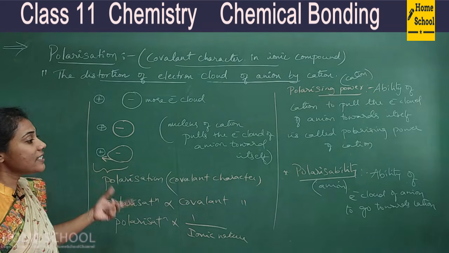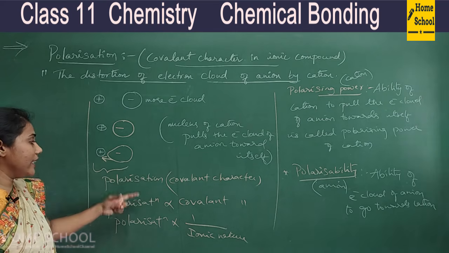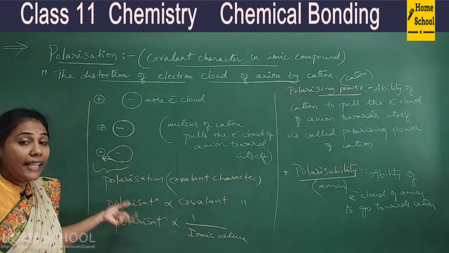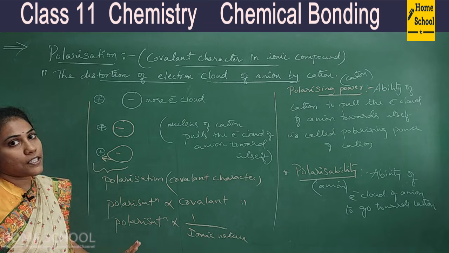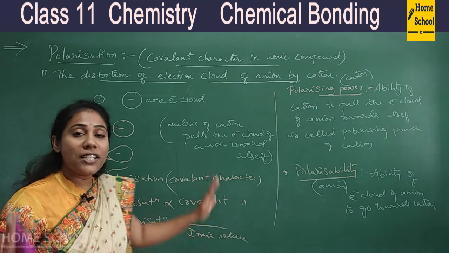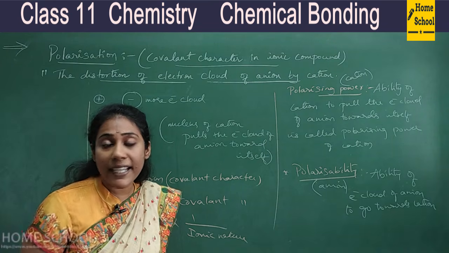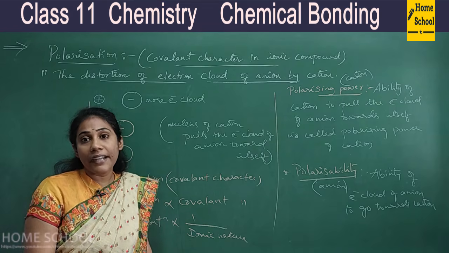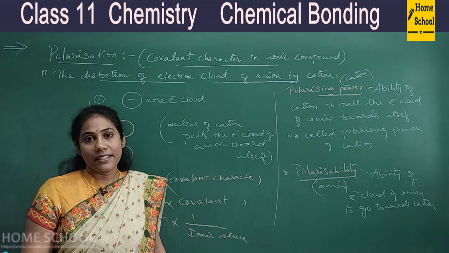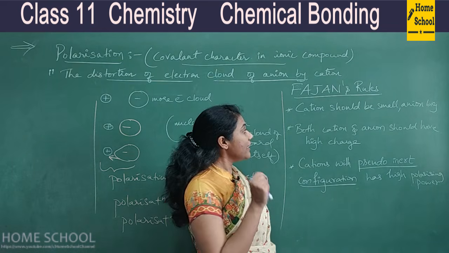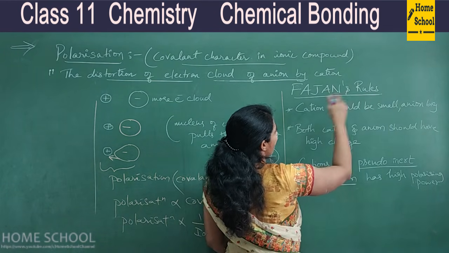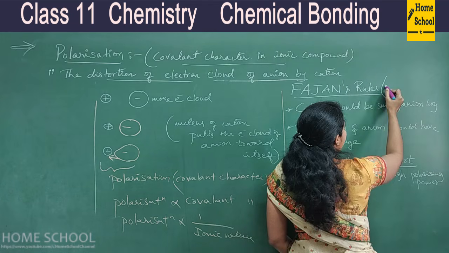Then actually there are certain conditions for polarization. Polarization can be observed in a better way if these conditions are satisfied. Those conditions or rules for polarization are called Fajan's rules. So let us understand Fajan's rules. There are three rules that you have to concentrate on. Why are we studying Fajan's rules?